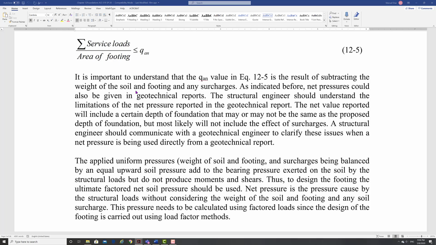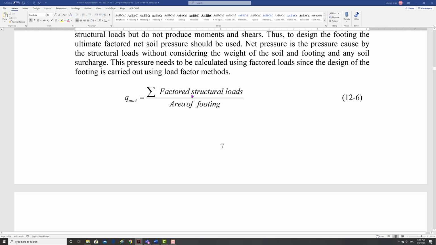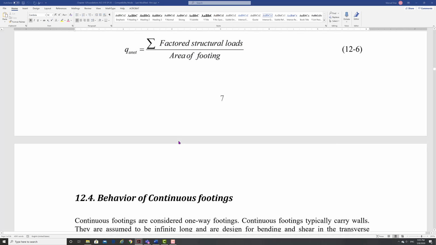Once you've got the area that satisfies this pressure, you go back here and take your factored reactions, divide by the area of the footing that you found, and that becomes the ultimate pressure applied to your footing. This is the factored pressure we use to design the footing.